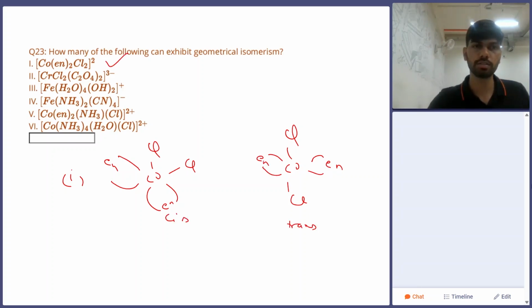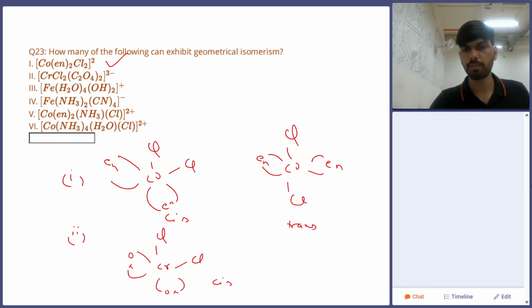This will show. Second structure: chromium with Cl, Cl, oxalate, oxalate. This is the cis form. This will also show.